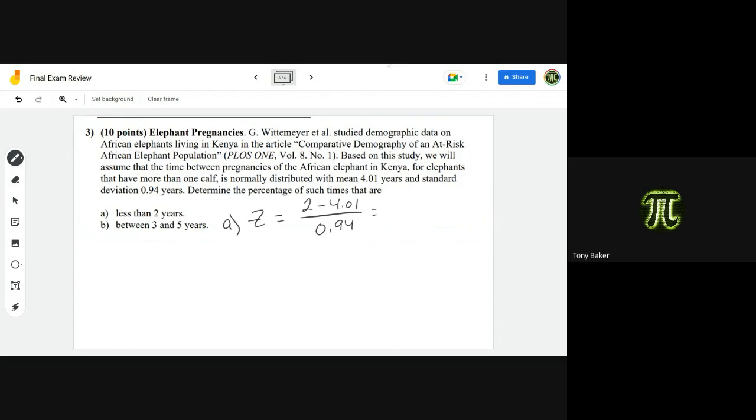All right, so we're going to take back to the calculator and divide this. So minus. In this case, we get negative 2.14 as my Z-score.